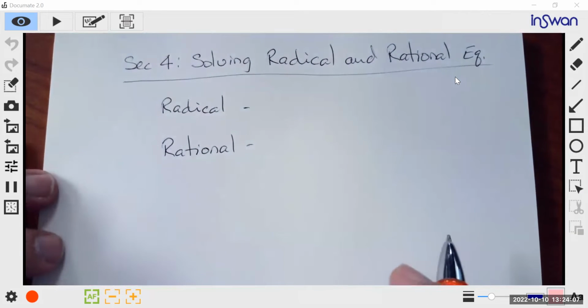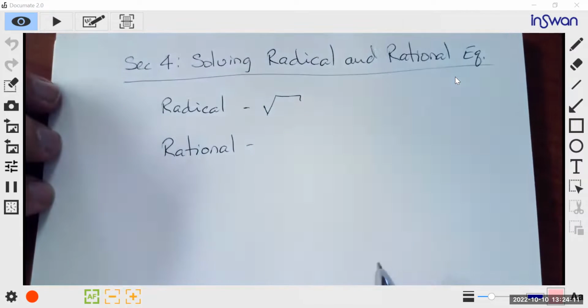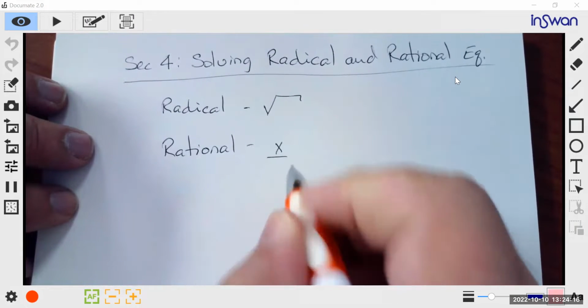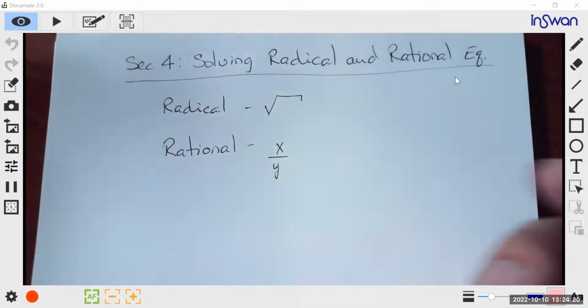The difference is pretty straightforward. Radical is a square root. Rational means we have fractions, or a over, so we have some kind of fraction.